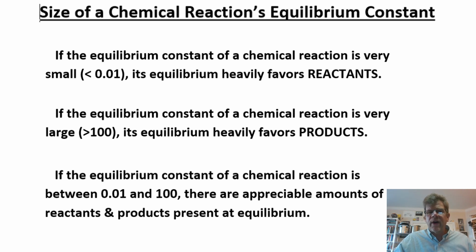So knowing this information, we can do some example problems where we come up with an equilibrium constant in order to discern whether that reaction's equilibrium heavily favors reactants or products or otherwise.